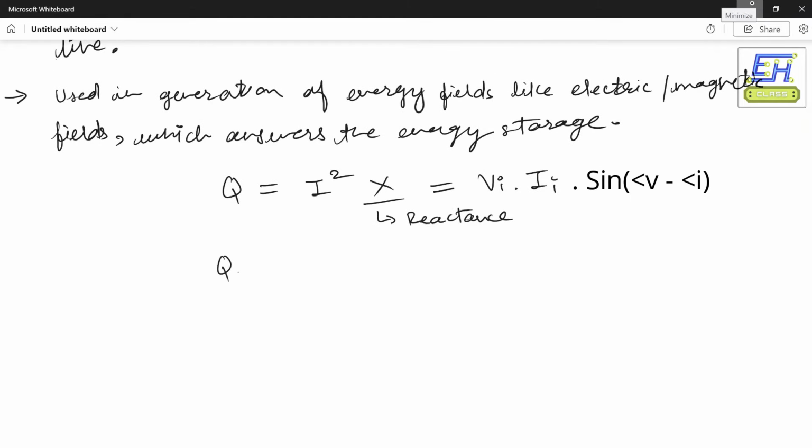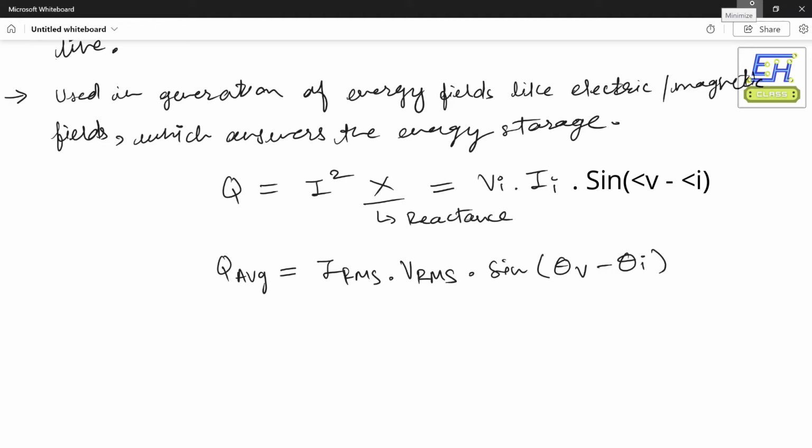And for the average, again, it's RMS, because you need to consider root mean square for average power. And now this time it is not cos, it's actually sine of the angle between the voltage and current. So you see, higher this angle, higher will be your Q, right?